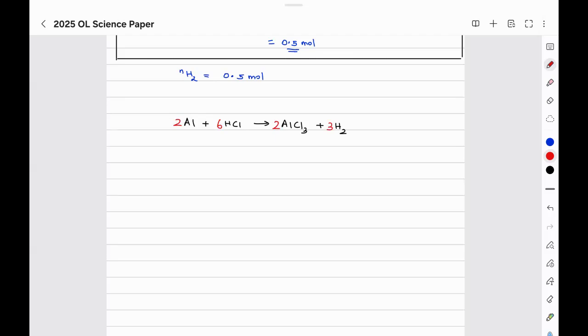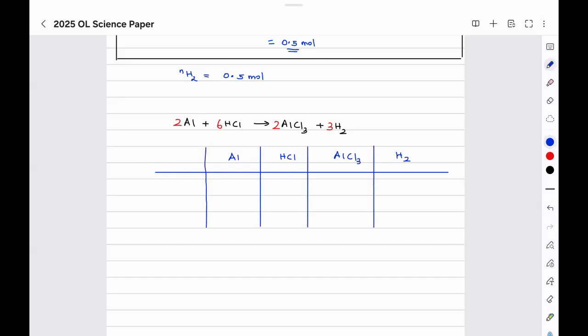Now just imagine I am going to add 2 moles of aluminium. According to the reaction, how much HCl reacts with that?